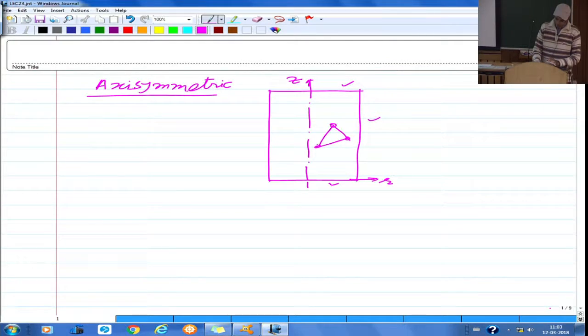Usually, if the order of interpolation within the element is lower, then its convergence would be slower. That means for a given accuracy, you will have to use more elements. For example, if I use 3 noded triangular elements for this domain, I will have to use a large number of elements compared to 6 noded triangular elements, because in that case you are using a higher degree polynomial for interpolating temperature within the element, so its convergence would be faster.